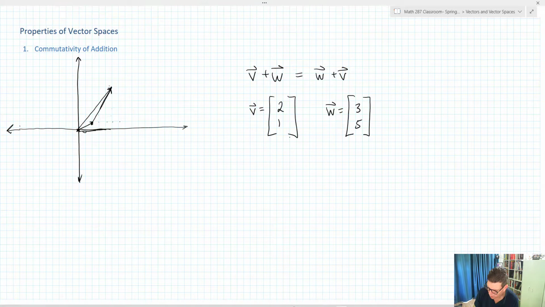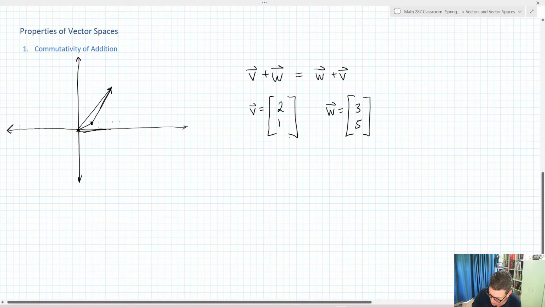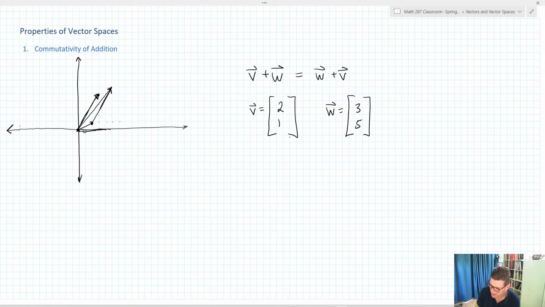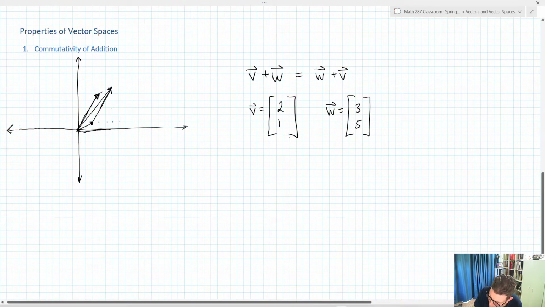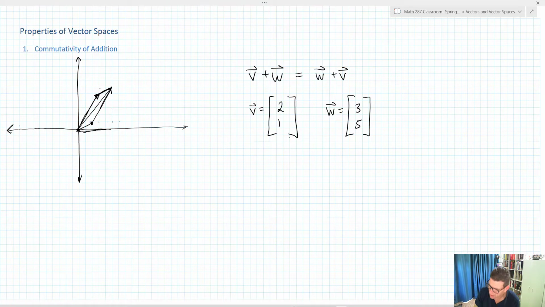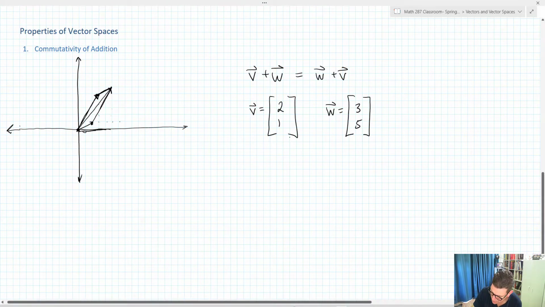Or we could go (3, 5) first, over 3 and up 5, and then over 2 and up 1, and we end up at the same place.